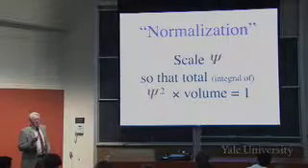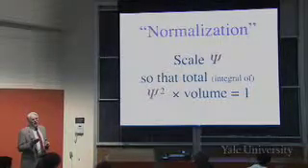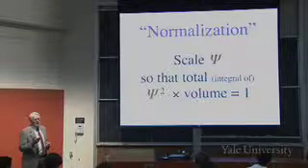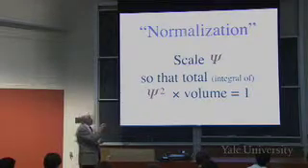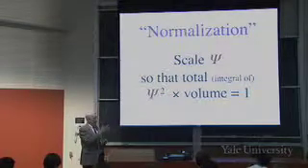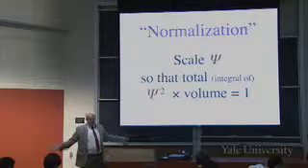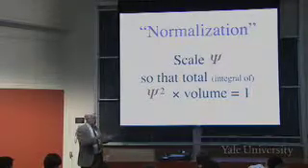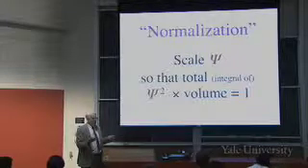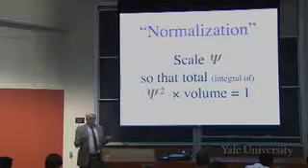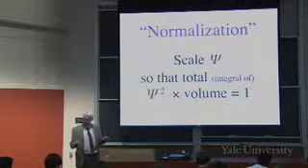Is there a good value, a preferred value to scale it by? You could scale it by such a number that when it's squared and you multiply by volume over every place, right, sum up all these little boxes, you get 1. Why do you want to get 1? Because the total probability is 1 that it's someplace, right?